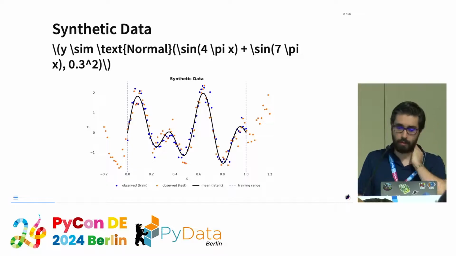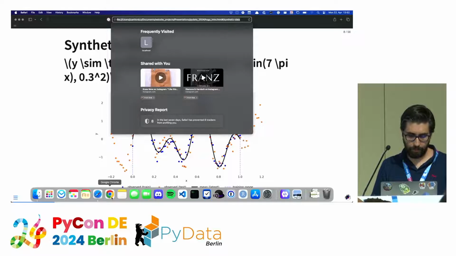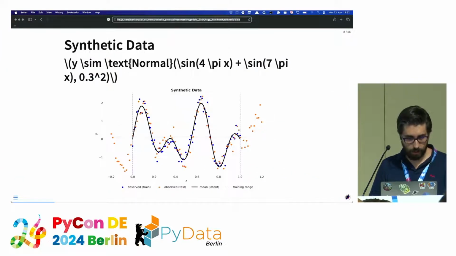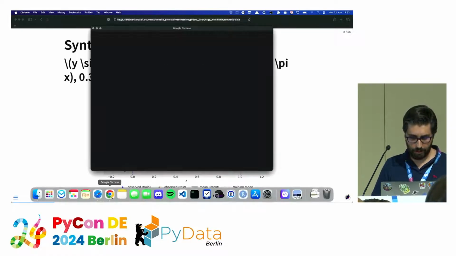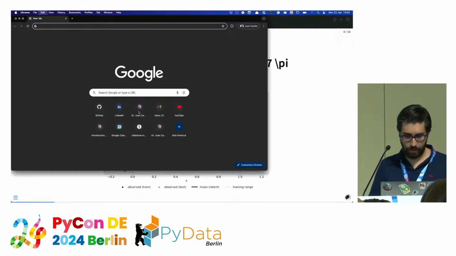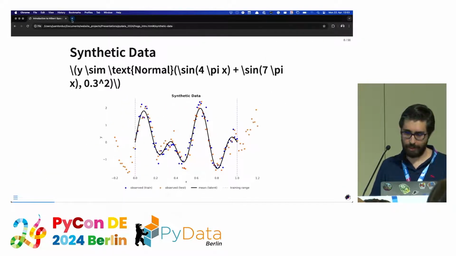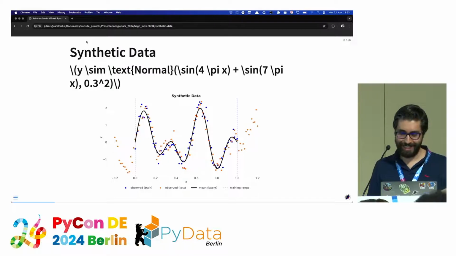Oh no. Okay, let me try this. Classic. One second. Otherwise, it's going to be very weird. Oh no. Okay, so I hope you can compile LaTeX. This is the first time it happens.